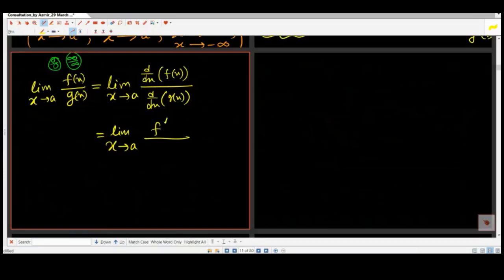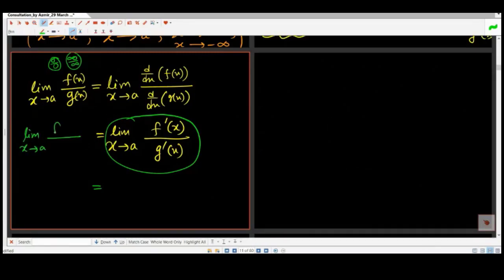Differentiation of f of x is f prime of x. Differentiation of g of x is g prime of x. Whatever result we have for this one will be the result for the left part, that is the limit of f of x over g of x as x approaches a.